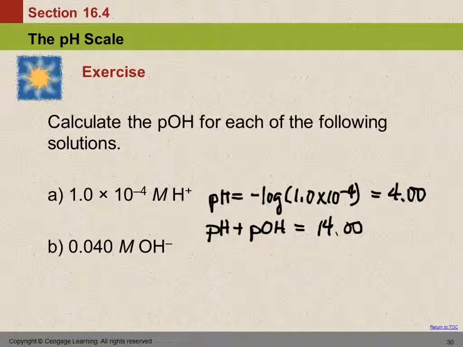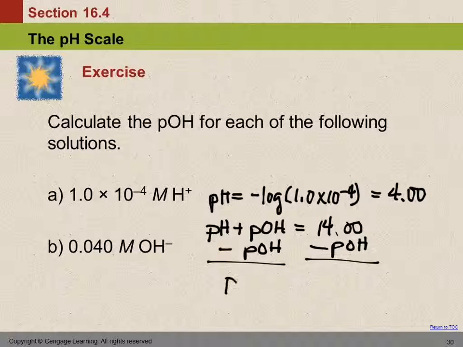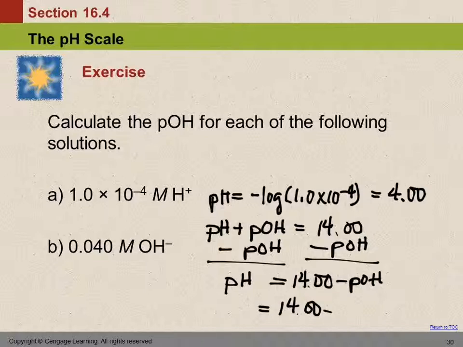What if it's not simple numbers? Well, what we're going to do to rearrange this is we're going to subtract pOH from both sides of this equation. pH plus pOH minus pOH equals just the pH, because anything minus itself is 0. And then over here we have 14 minus pOH. So that's 14 minus 4. Stop me.